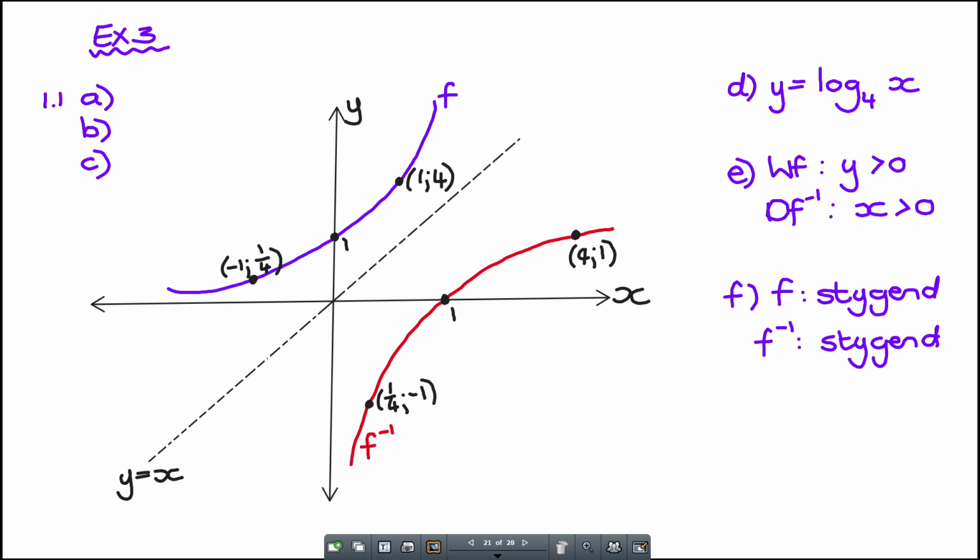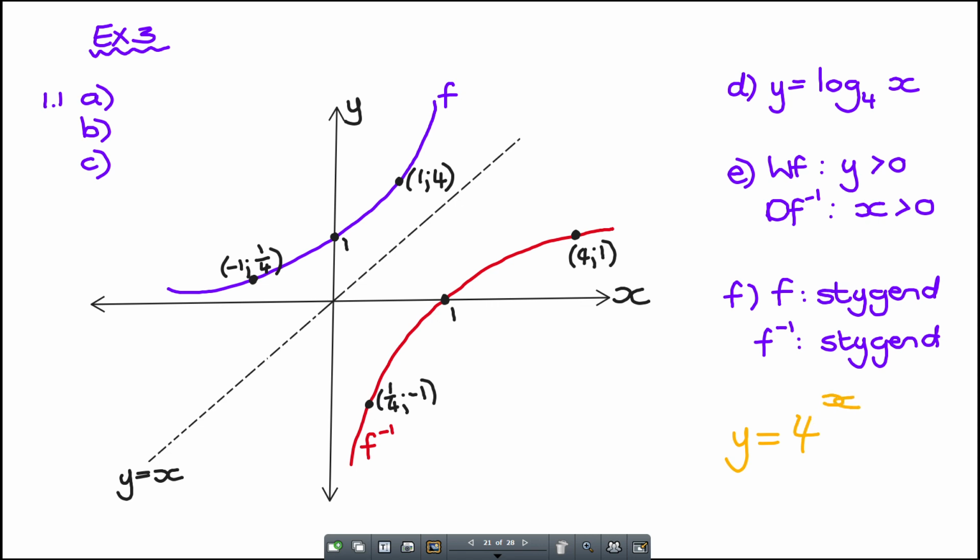Oh, okay. Ek kom nou by D. Dan by D sê hulle vir jou skryf die vergelyking van die inverse in the form y is equal to whatever. Ek gaan dit nou hier delete. Dit was mos gewees f was y is equal to 4 to the power of x.